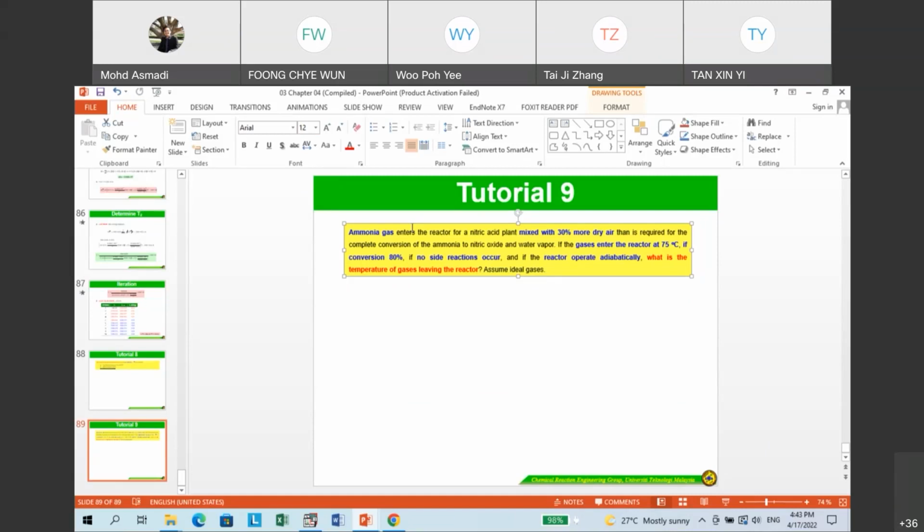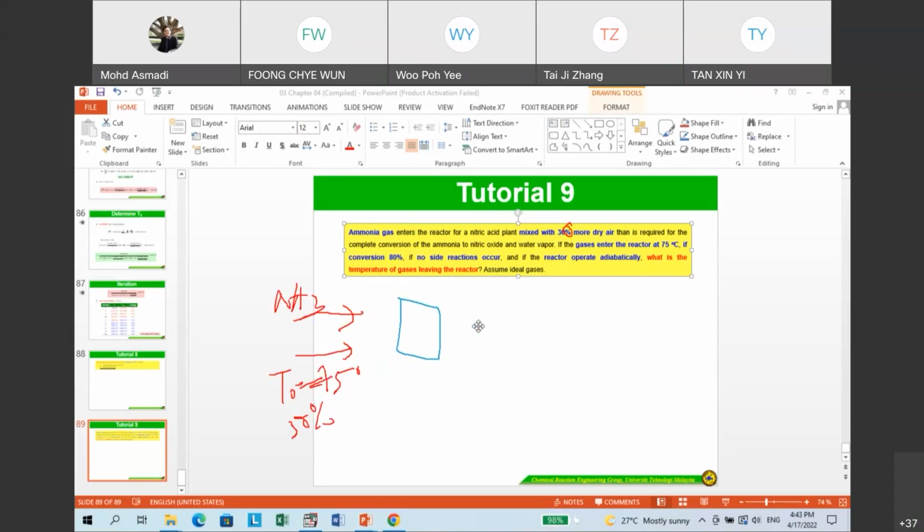Okay. So if you look at here, you have this system, right? And NH3. And then the starting temperature is at 75 degrees. What else? Excess. Dry air excess 30%.